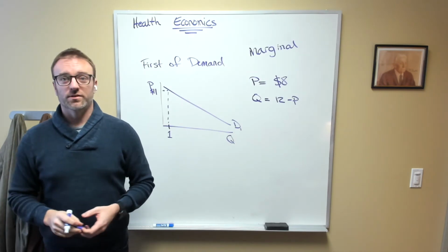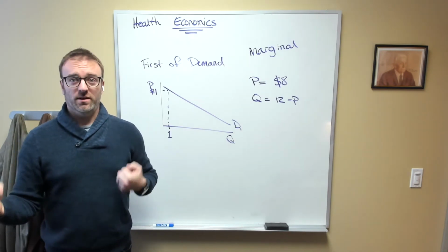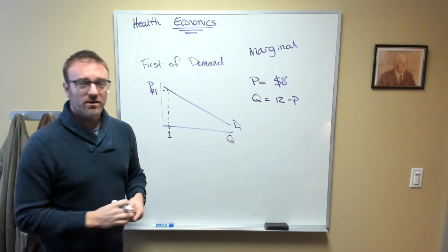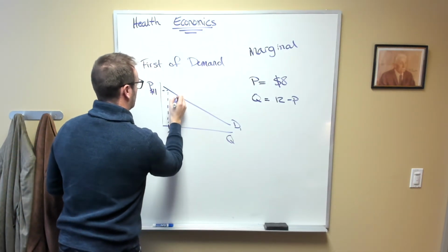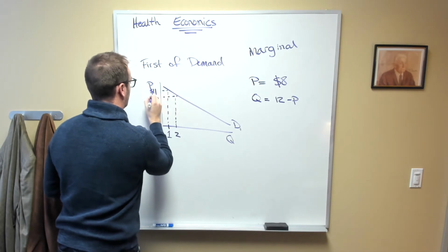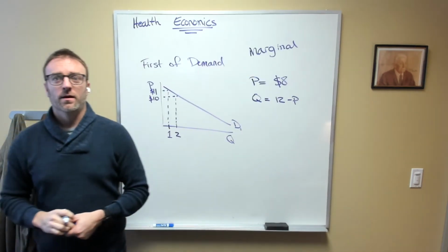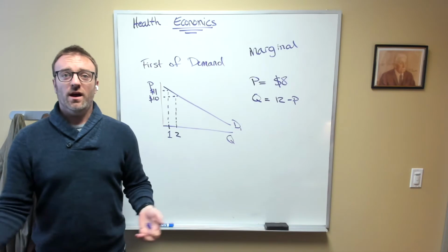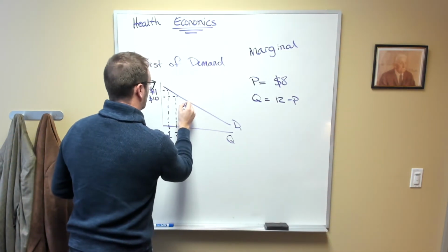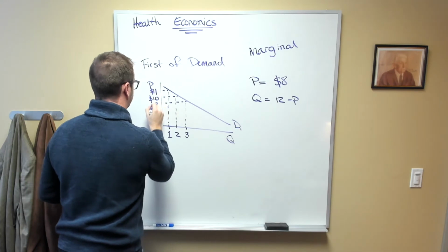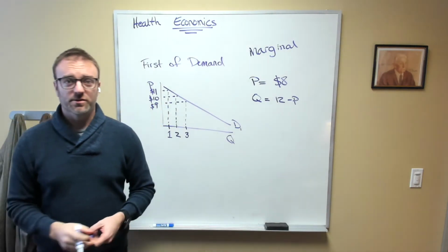It's worth $11 to you, and you only have to pay 8. Would you buy the second pizza? Well, the second pizza is going to be worth $10 to you and only costs you 8. So yes, you would buy it. The third pizza is going to be worth $9 to you. And so yes, you would buy that one.